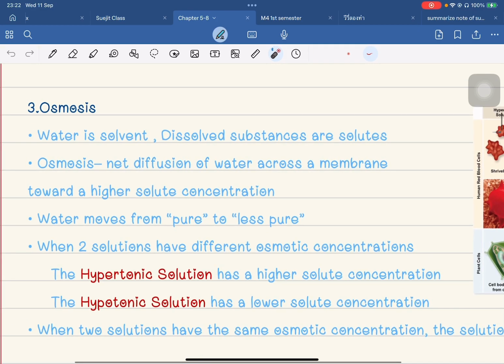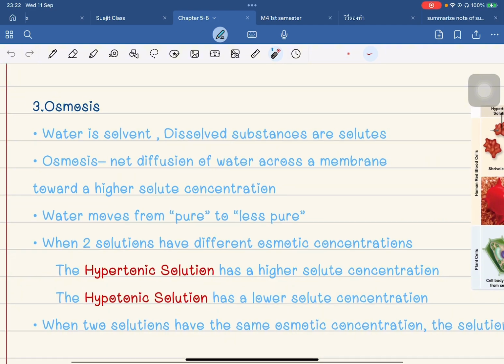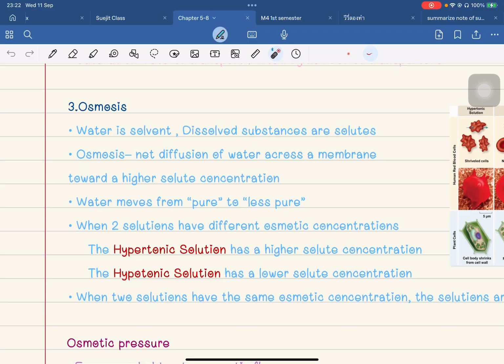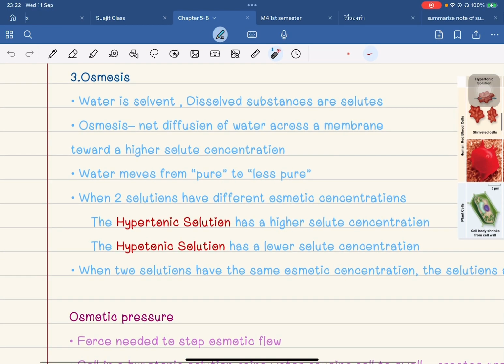The jellyfish is in seawater, right? That means it is less pure than the water that we use. So the water is getting inside the jellyfish.